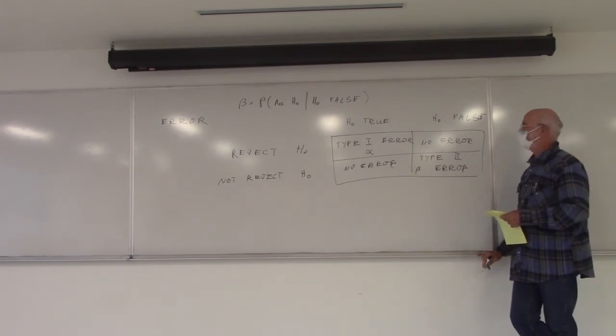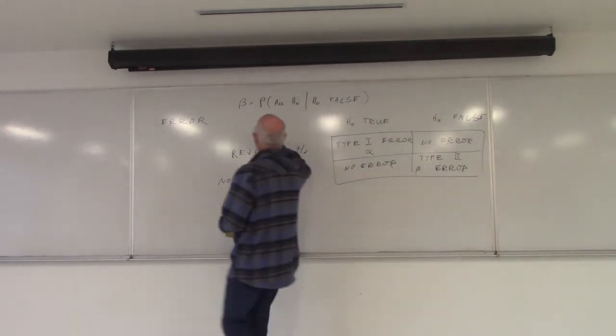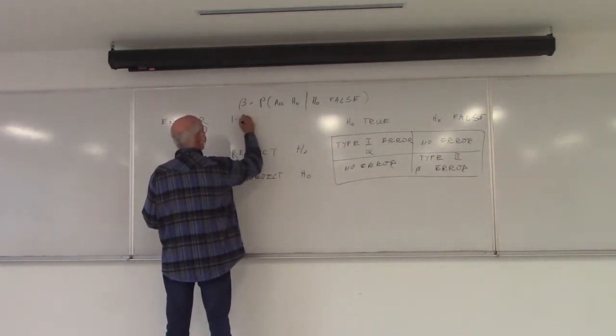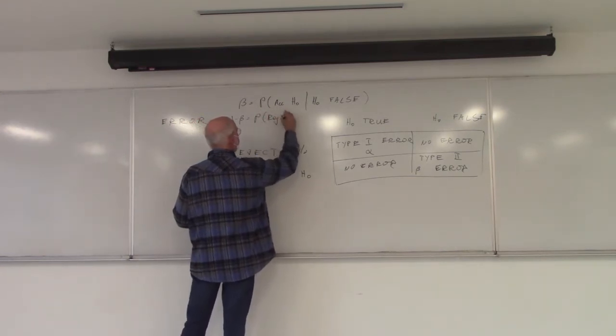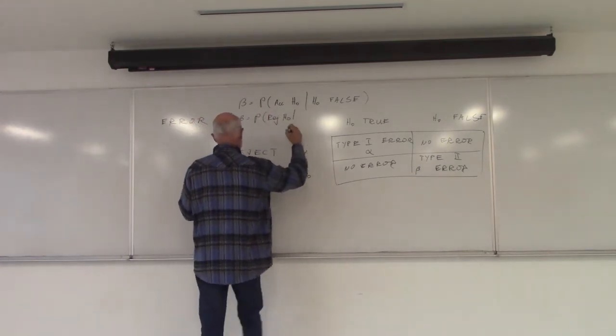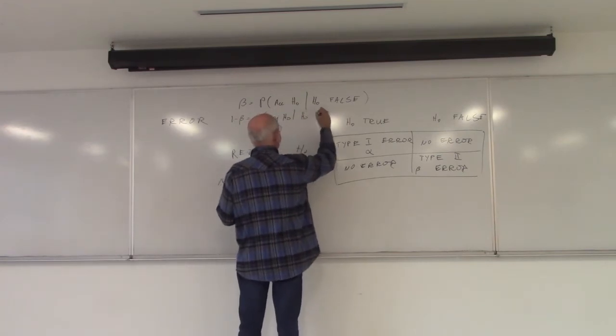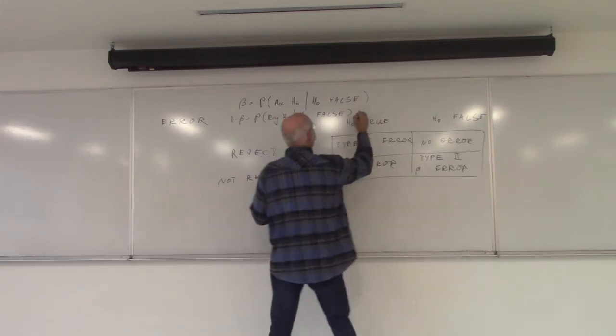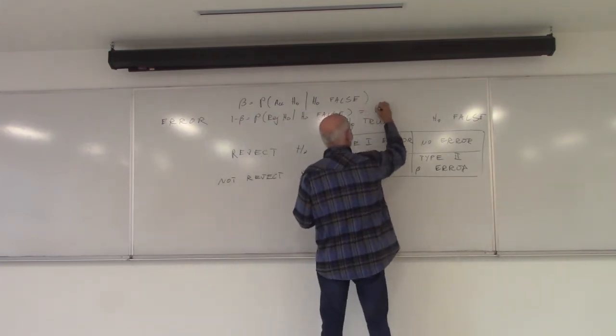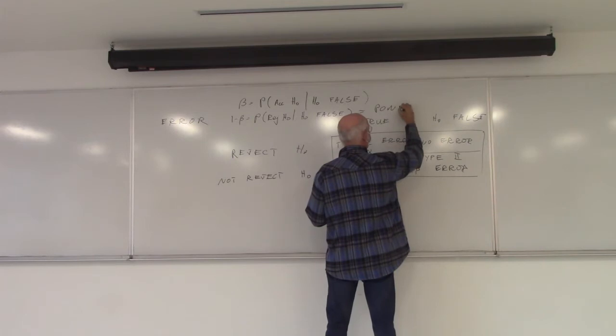Okay? So 1 minus beta equals the probability of rejecting H naught, given that H naught is false. And that is equal to the power of the test.